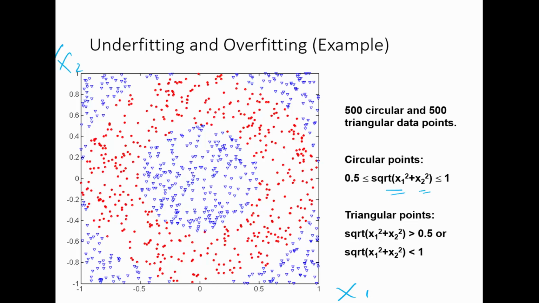If this is lying between 0.5 and 1, then it is circular. So this is the case, these red points. And otherwise, if it is less than 0.5 or greater than 1, then it is the triangular one. That's the criteria. That's the decision that you can use to classify.